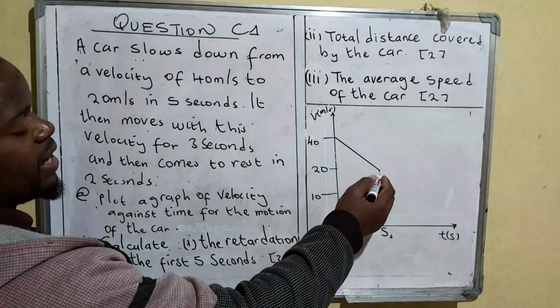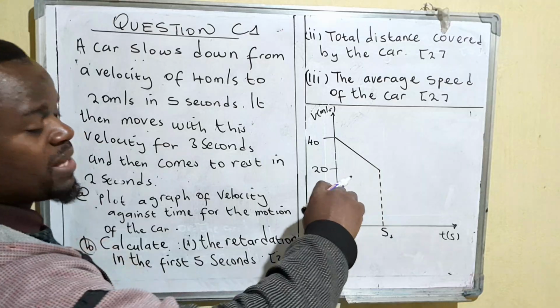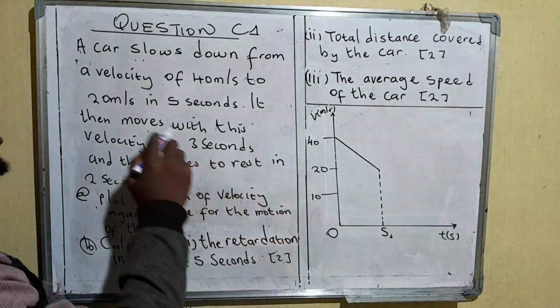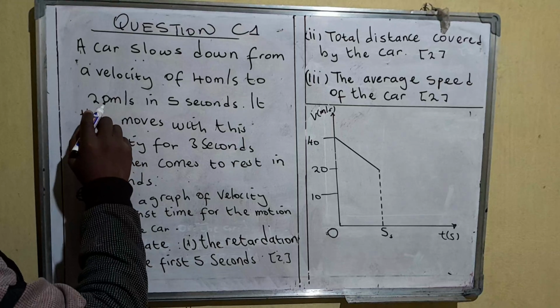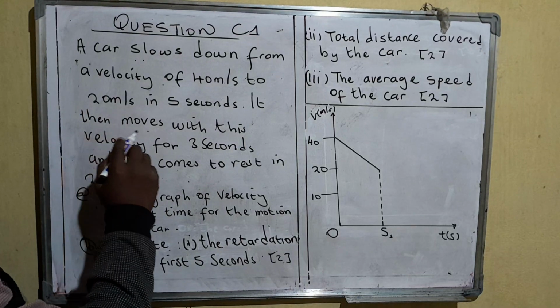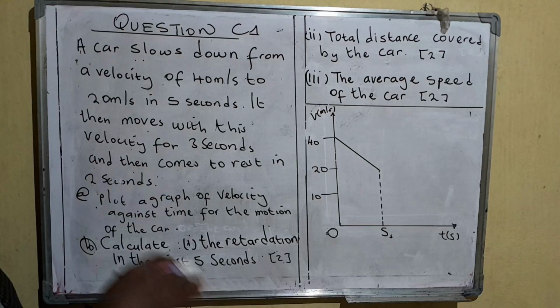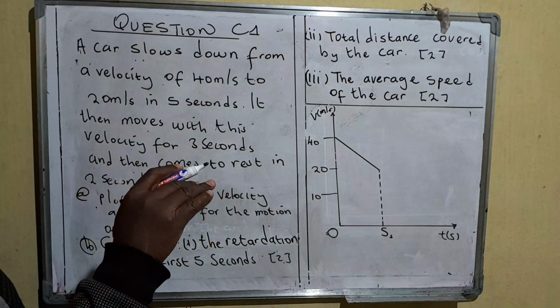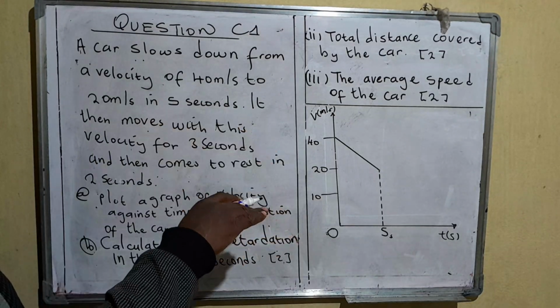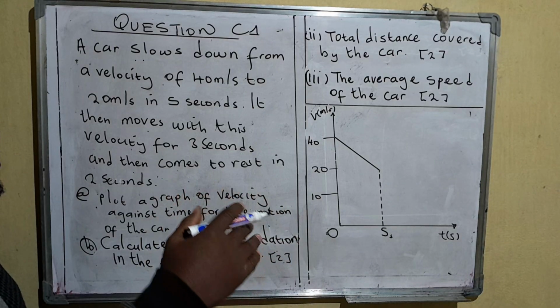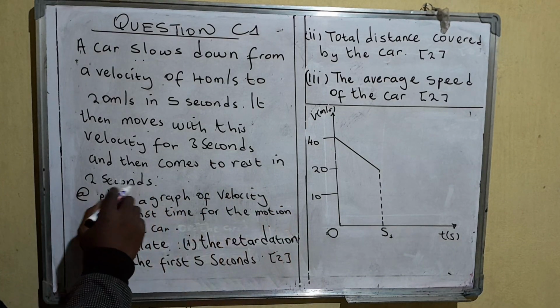Then it proceeds with the same speed, that is 20 meters per second. Now let me read this from here. It then moves with this velocity for 3 seconds, meaning that the velocity wasn't changing after it reduced to 20 meters per second. The car moved on with the same speed within 3 seconds, right?